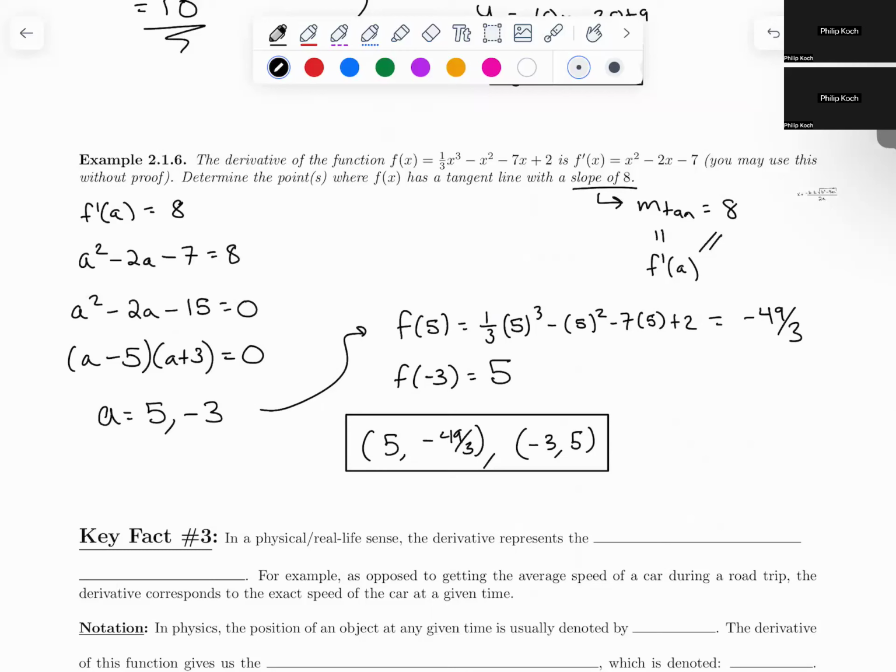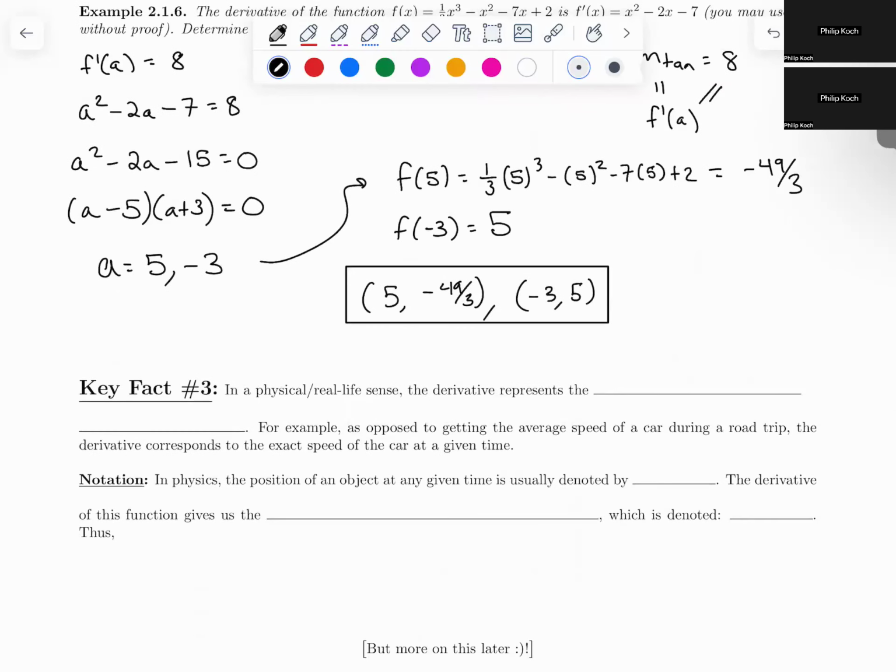So the last key fact about the derivative in general is that in a physical sense, as in physics and real life, the derivative represents the instantaneous rate of change.